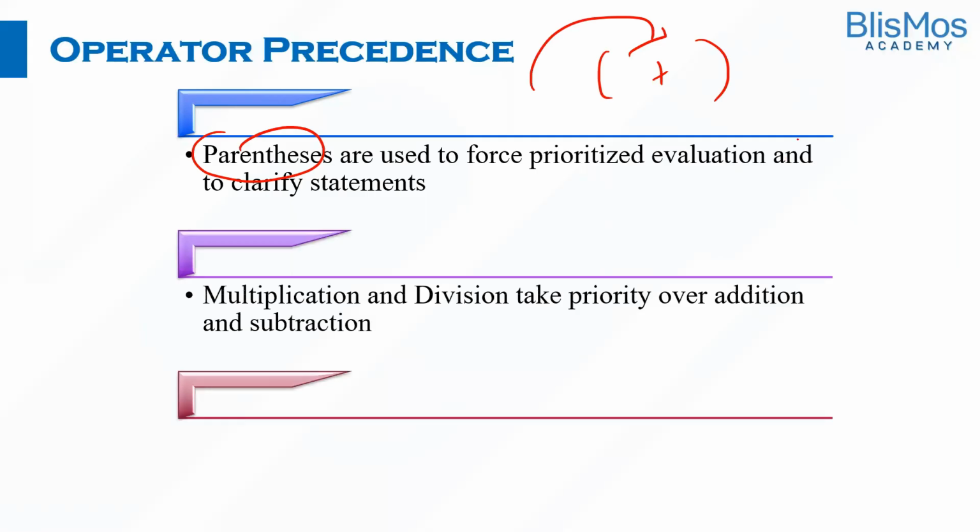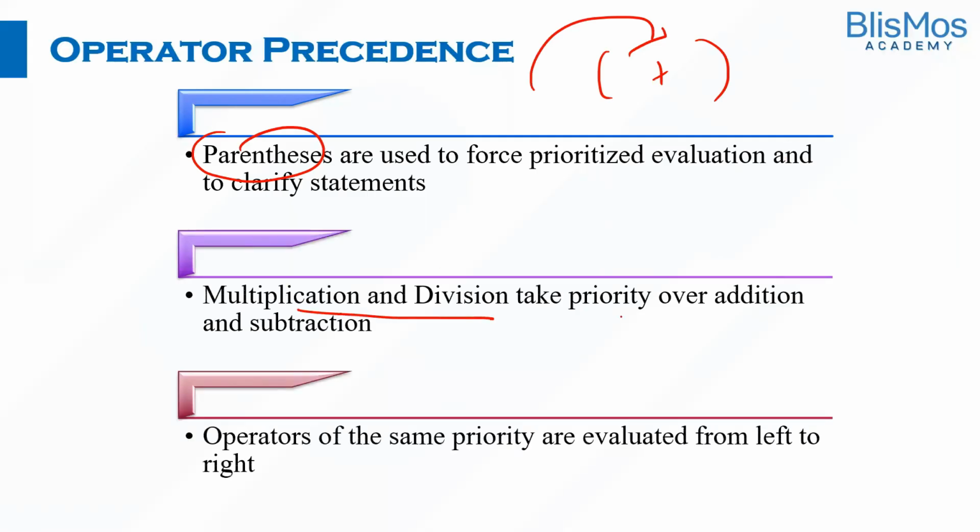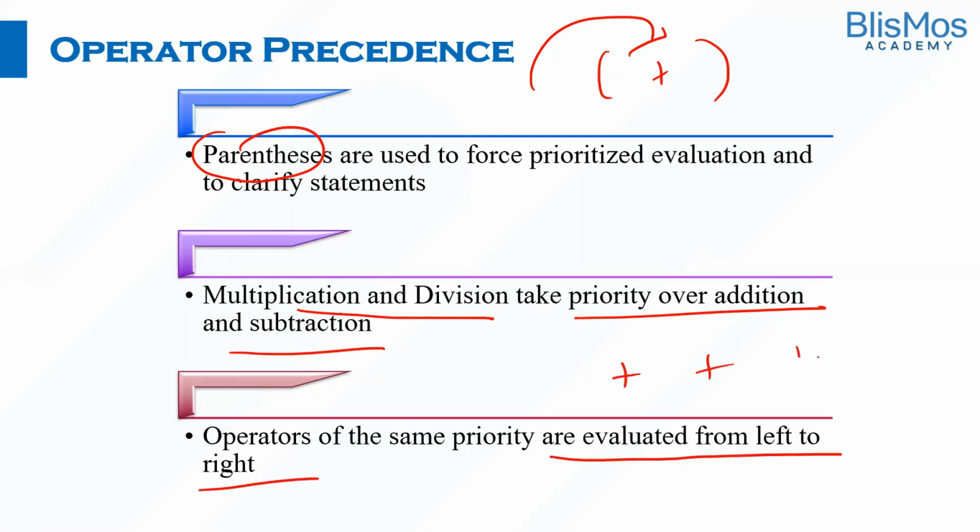As we discussed, multiplication and division take priority over addition and subtraction. If you have operators of the same priority, they are evaluated from left to right. Let us say you have plus, plus, plus, 2, 3, 4, 5. These two are done first, then these two, then these two. It is from left to right.